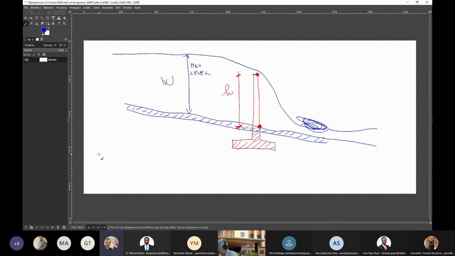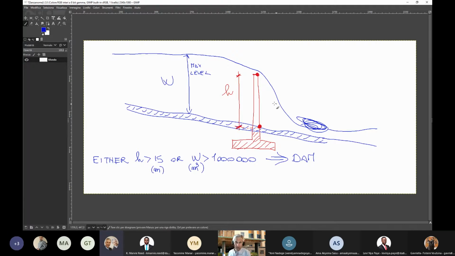So a structure is a dam if either H is greater than 15 meters or W is greater than 1 million cubic meters. This is to clarify the situation.